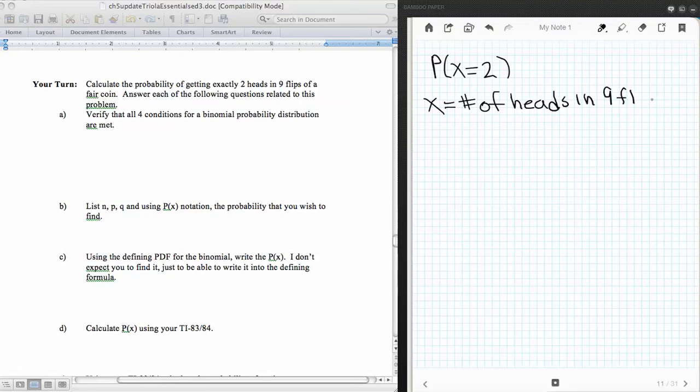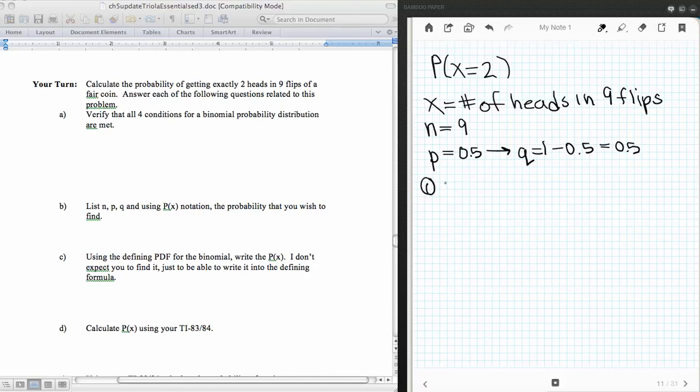I'm flipping the coin 9 times, so my n is 9, and the probability of getting a head when I flip a coin is 0.5. Therefore the probability of a failure, 1 minus the probability of a success, is also 0.5 here.